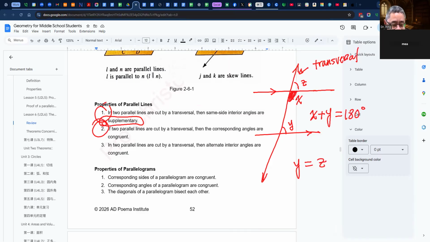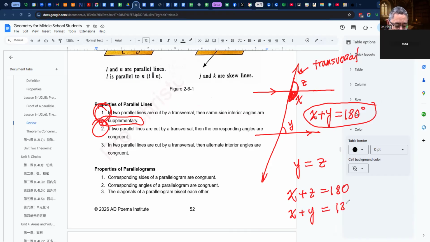How do we prove that? We're going to use property 1, that X plus Y is 180. Now you can see X and Z, when you add together, also are 180 because they're on the same line. So X plus Z is 180, and we also know X plus Y is 180.